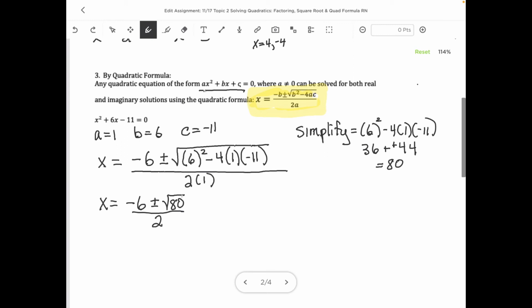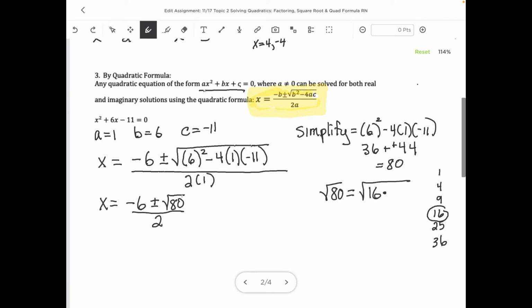And as we did on that first slide, we have to simplify the square root of 80. So we have a little sidebar again. What's the square root of 80? Well, we consider our perfect squares, 1, 4, 9, 16, 25, 36, and we're looking for the largest perfect square that divides into 80, because we know that 4 does. 20 times 4 is 80, but we also know that 16 does.